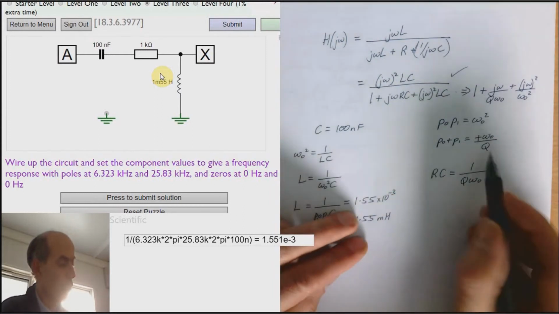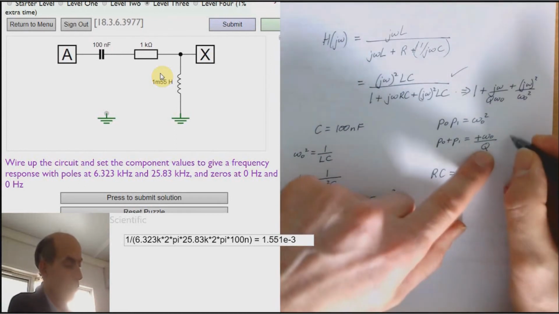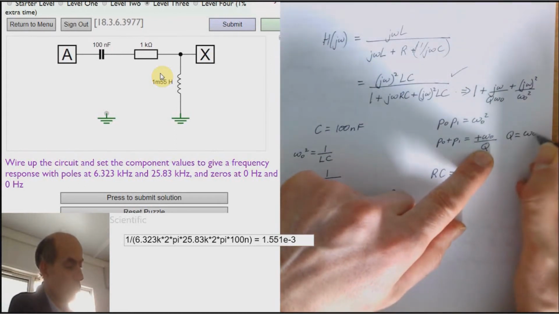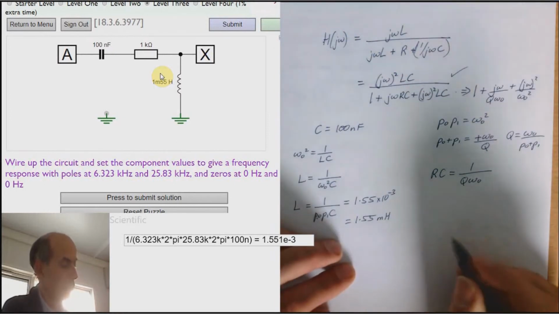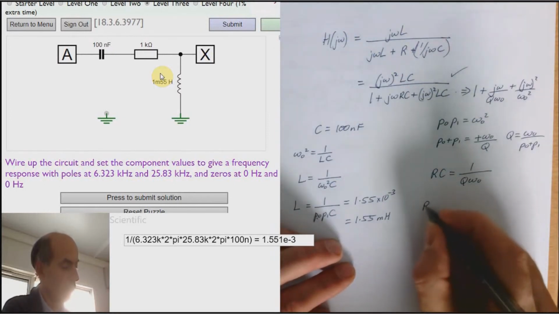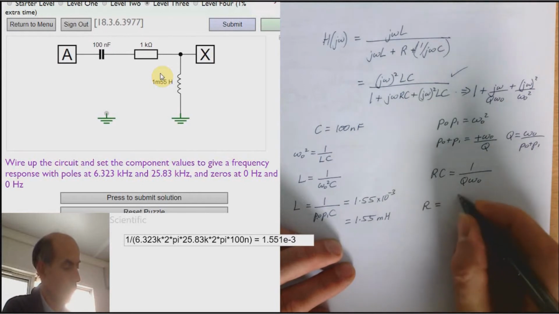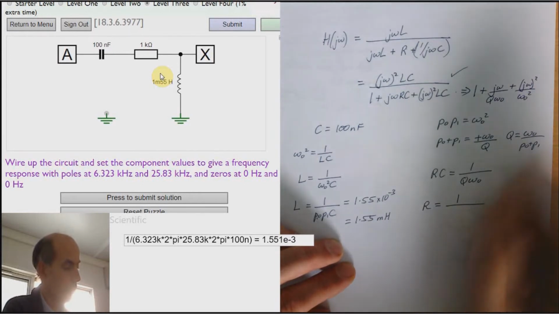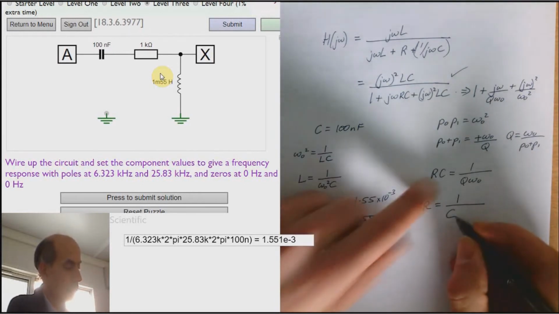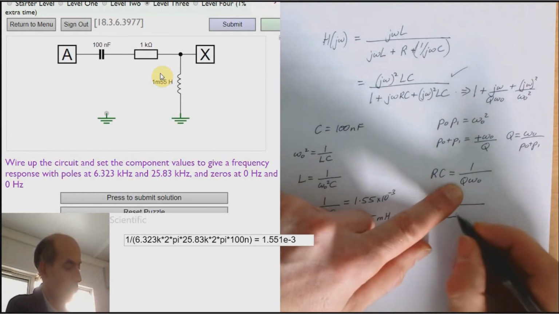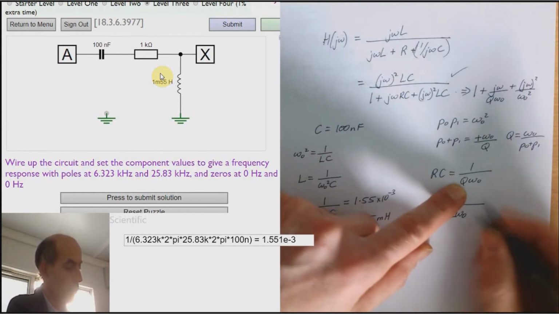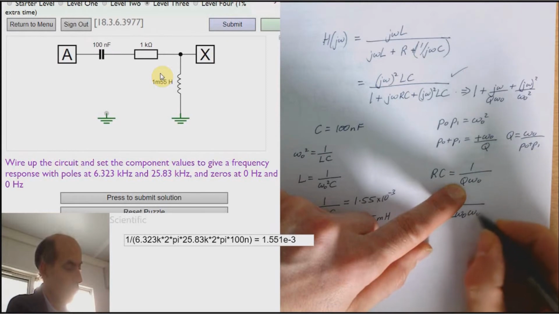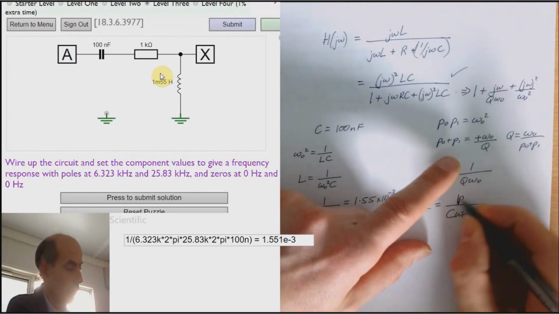We also know that Q, from this equation here, is omega naught over P0 plus P1. So I could write R equals 1 over C times omega naught times Q, which is another omega naught, divided by P0 plus P1.